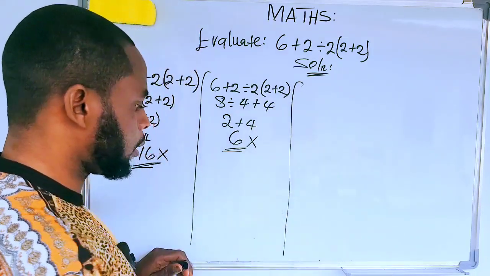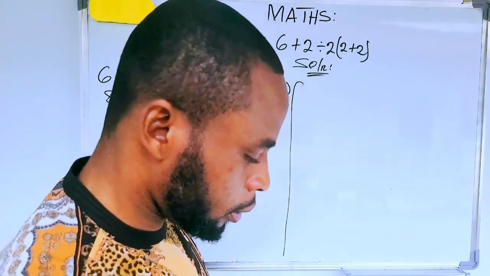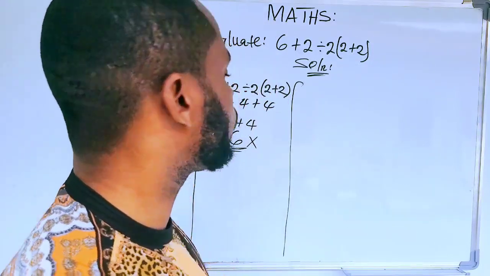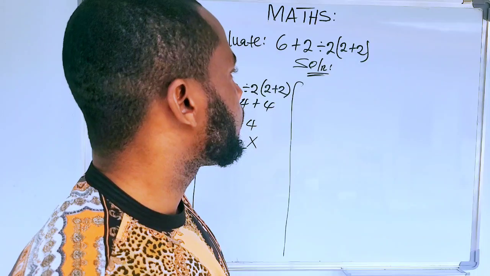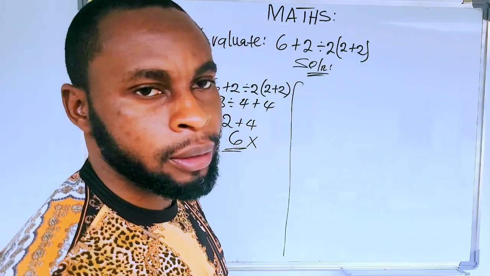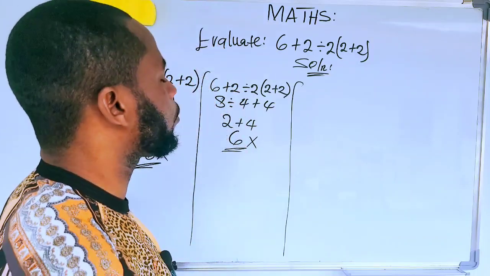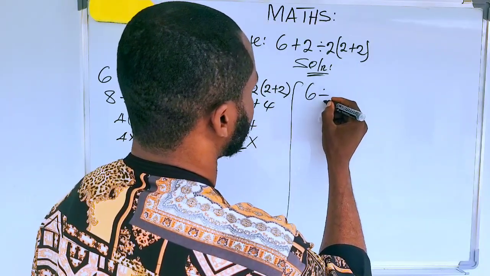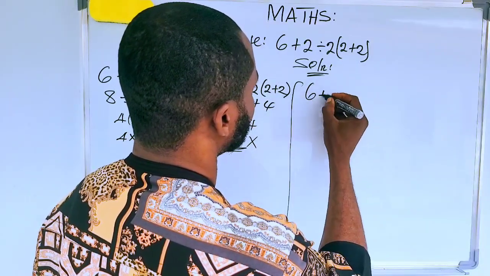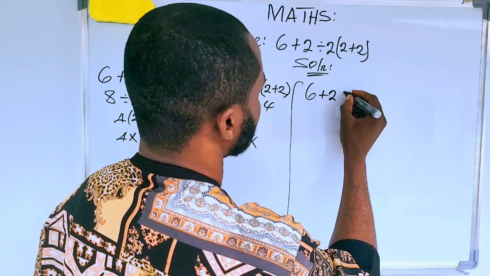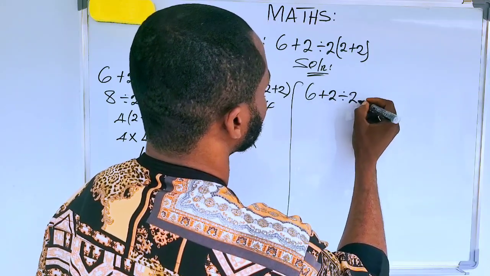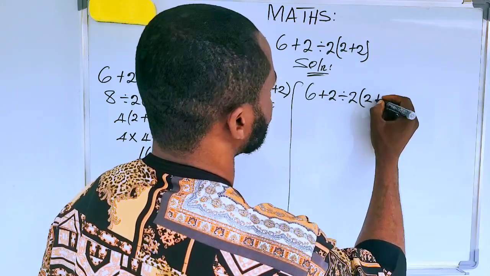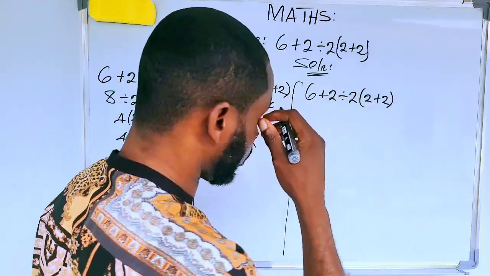Now, again, to simplify this correctly, or to evaluate this correctly and in the right order, we are going to have this. We have 6 + 2 ÷ 2 × (2 + 2).